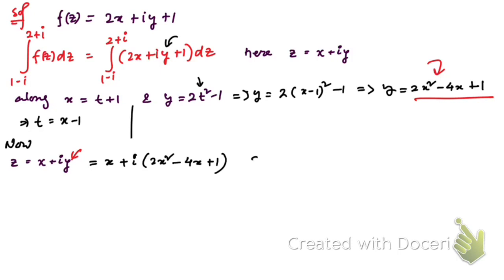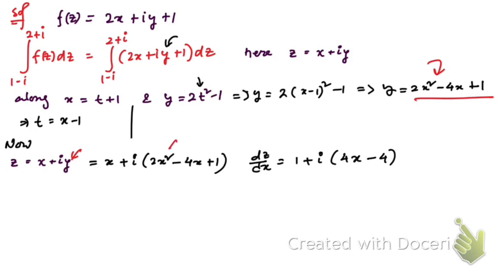So now let us find dz by dx. If we differentiate with respect to x, then what we're going to have is, if you differentiate x, that's going to be 1 plus i times, sorry, it's going to be 4x, then minus 4. So differentiate this with respect to x. I hope you understood this derivative.